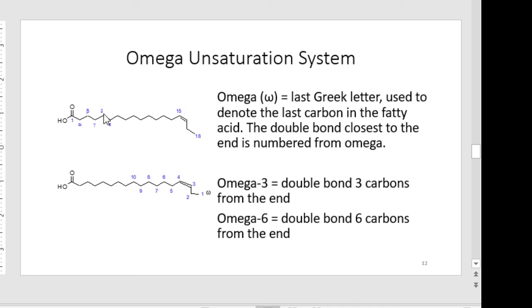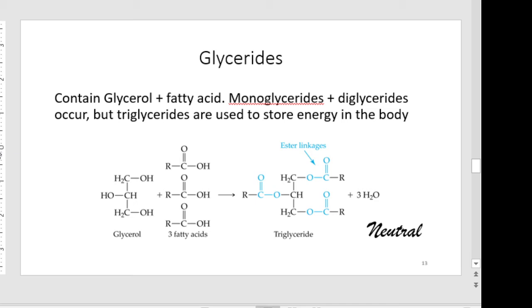It's an omega-3 fatty acid. Remember, alpha and beta and gamma were all down here, and omega starts all the way at the end. So it's always going to have this omega in front, so it'd be this omega-3, and that's its classification. All right, so we're ready for glycerides.